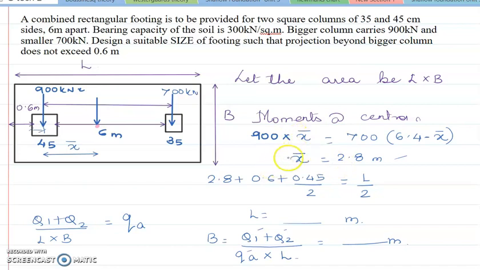Now if you are getting confused about what this x bar is, you just take it as x only. X bar usually represents the x dimension of the centroid. So let's not get confused. So this is my x from the center of the column. So you get the value of x, and this plus this has to be half, so that the physical centroid coincides with the centroid of the force system. So then you create this. It's very simple. So that's how to solve a problem for combined footing.